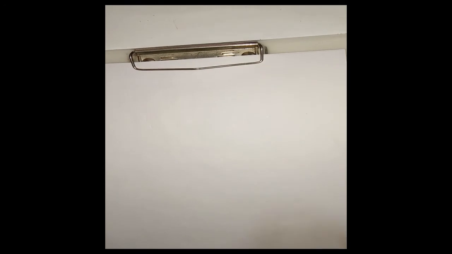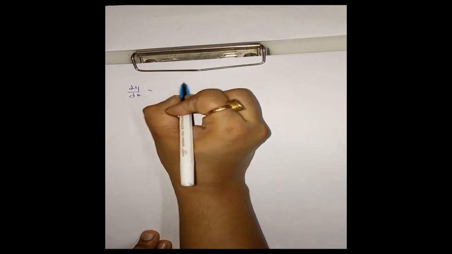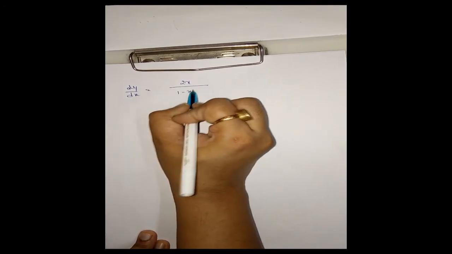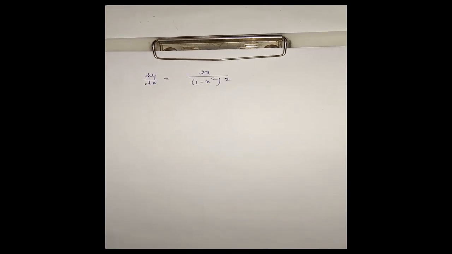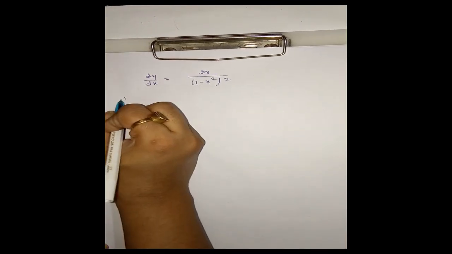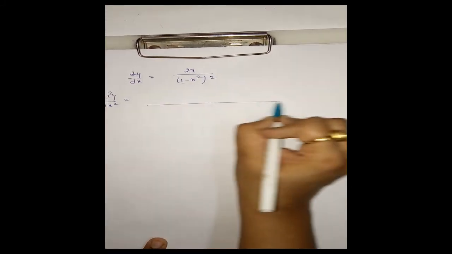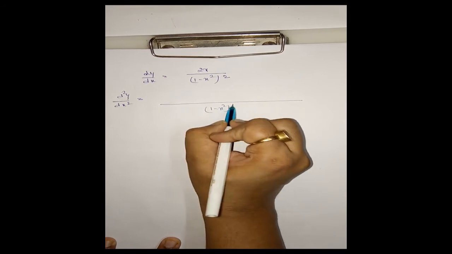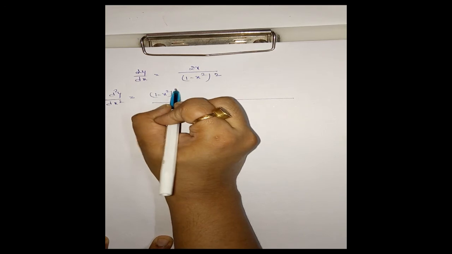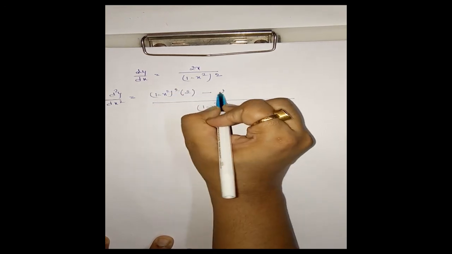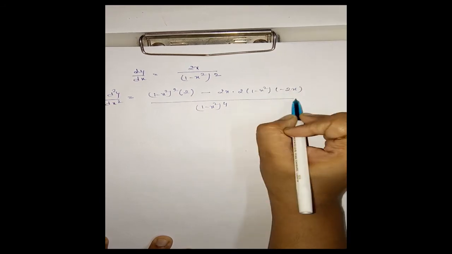Now dy by dx is equal to 2x by 1 minus x square whole square. We have to find the second derivative. Now d2y by dx square is equal to, this is 1 minus x square power 4, this is 1 minus x square 2 minus 2x into 2 into 1 minus x square into minus 2x.